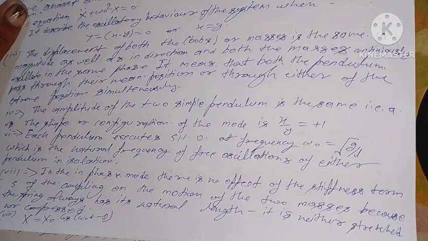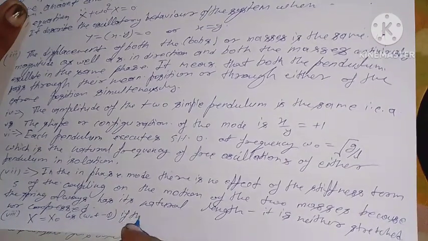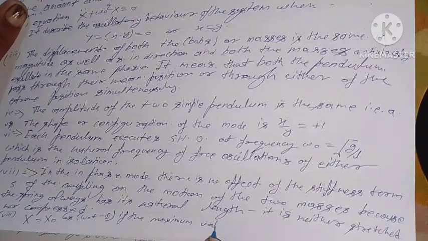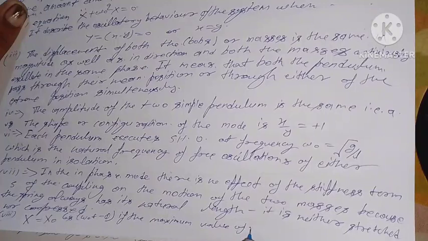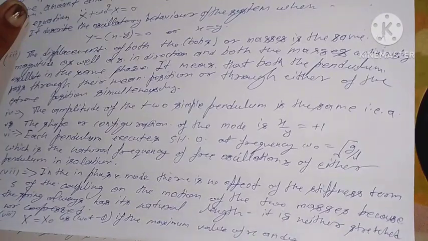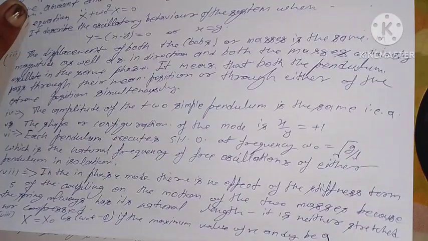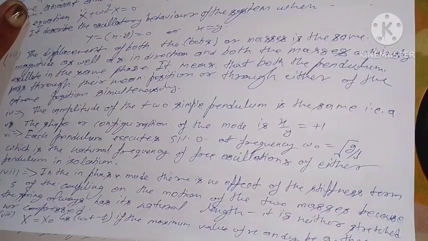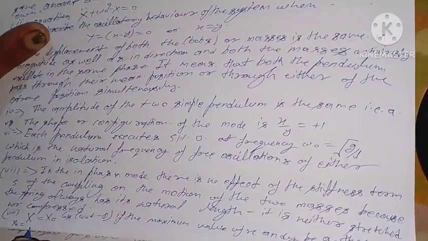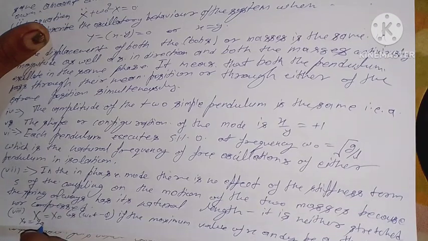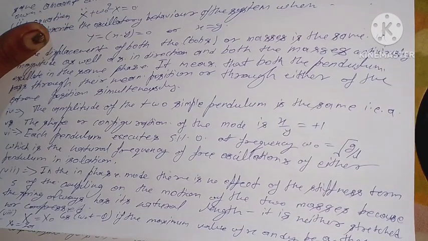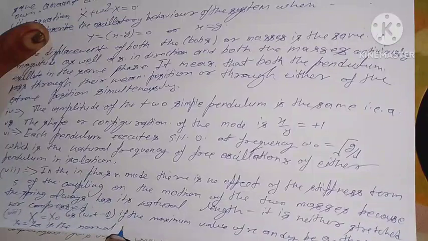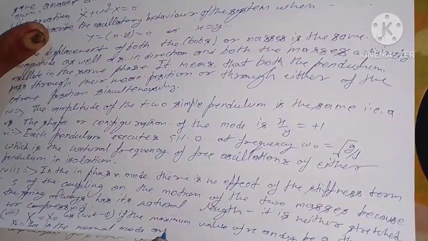If the maximum value of x and y be A, then X naught equal to 2A. 2A is the normal mode amplitude.